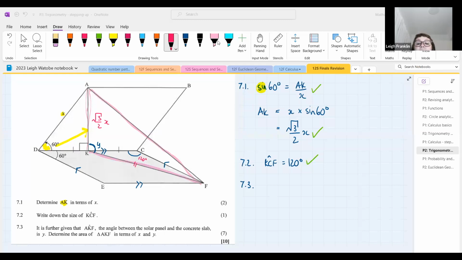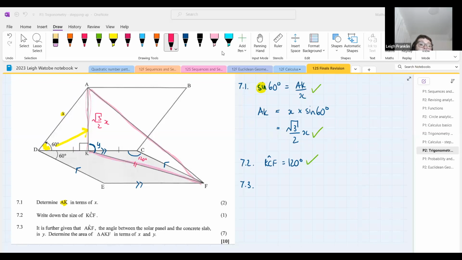So do we know what DC is equal to? Or can we work out what DK is equal to? Yes, Katlego, go for it.